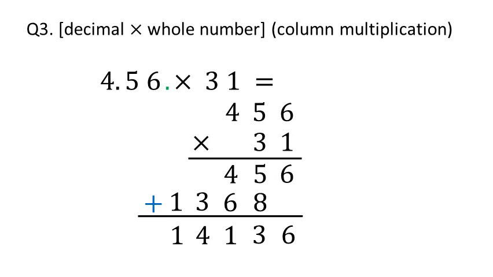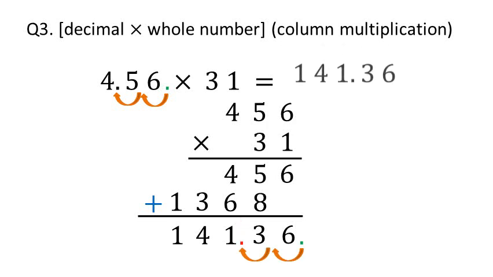To change 456 to 4.56, the decimal point was moved 2 places to the left. So we can place the decimal point at the right end of 14,136. Then we need to move the decimal point 2 places to the left.